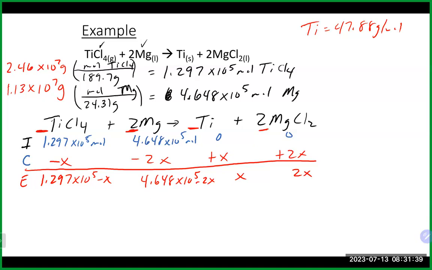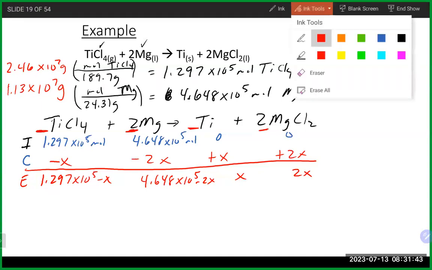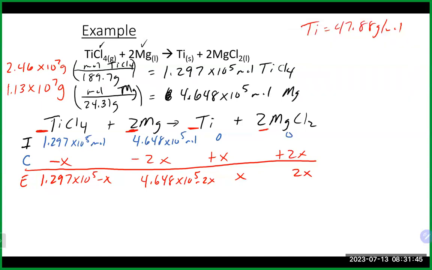At this point, we're going to do a short calculation to figure out which one is the limiting reagent. We're going to set each of these guys equal to 0. So basically, this first guy becomes X equals 1.297 times 10 to the 5th moles.